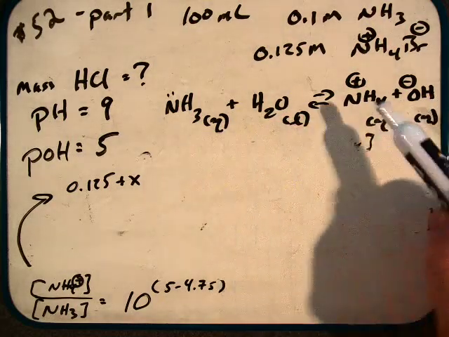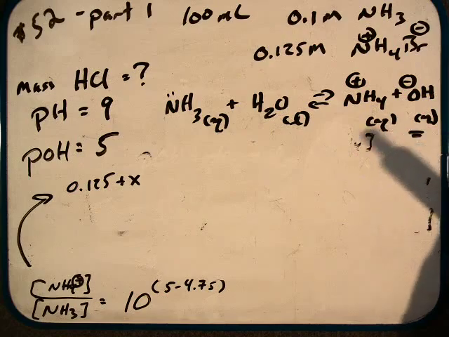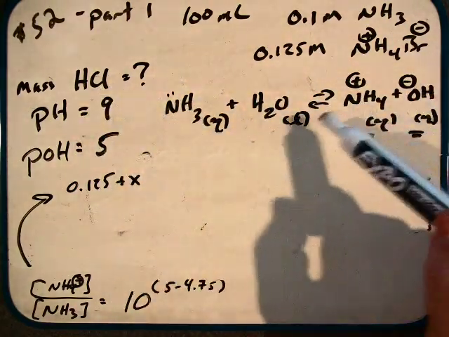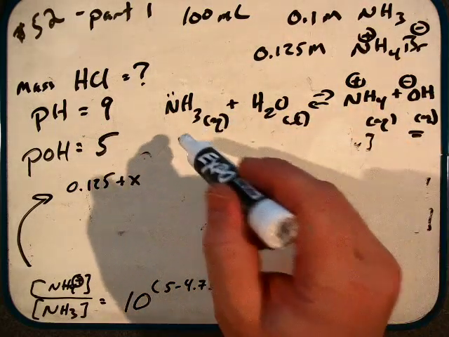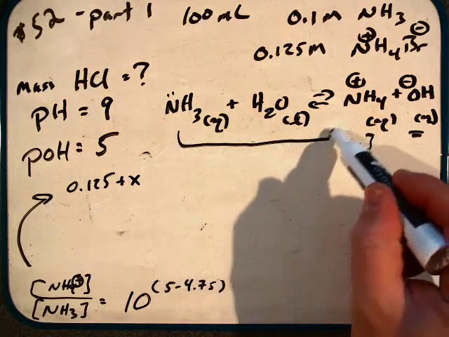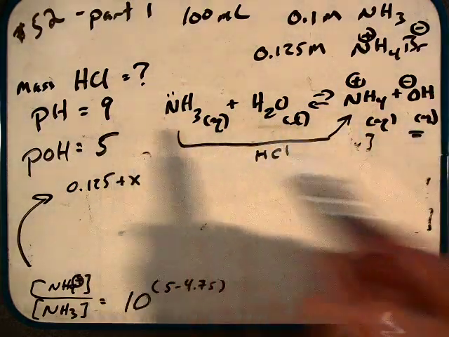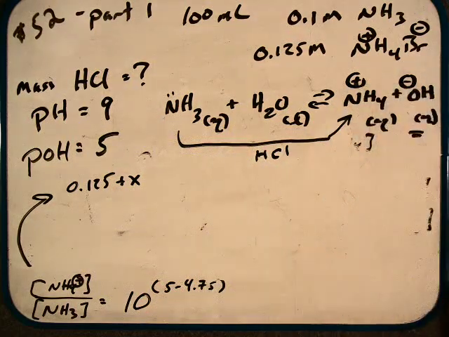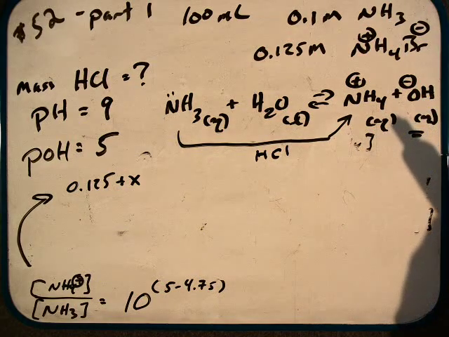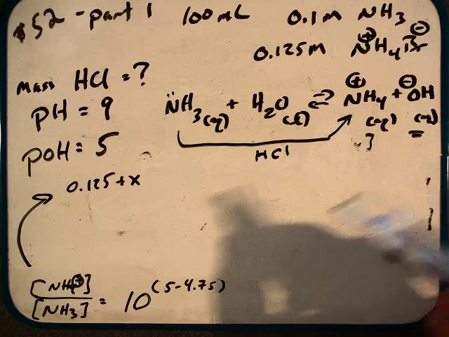So our equilibrium is going to shift to the right. So there's going to be a positive change. Another way to think about that is, since we're adding hydrochloric acid, we're going to be converting our NH3, which is a base, into its conjugate acid by reacting with hydrochloric acid, neutralizing that proton source.